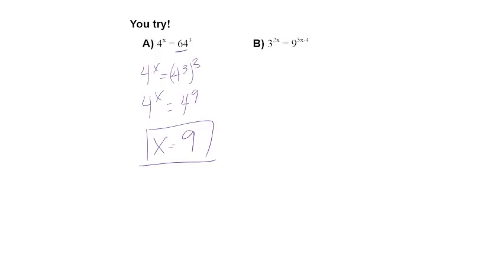Okay, over here, I'm going to change the 9 to be base 3. So I'd have 3 to the 2x power is equal to 3 squared to the 5x minus 4. So I'd have 3 to the 2x power is equal to 3 to the 10x minus 8.